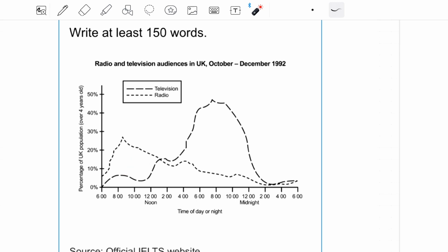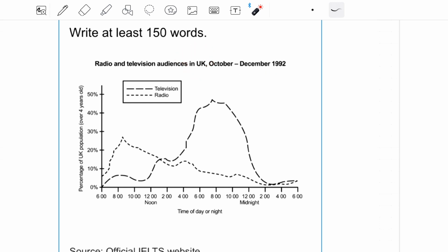But the viewership starts to increase after 12 noon, and by 8 o'clock this number reached its peak, almost 45% of people were watching television at about 8 o'clock in December 1992 in the UK.